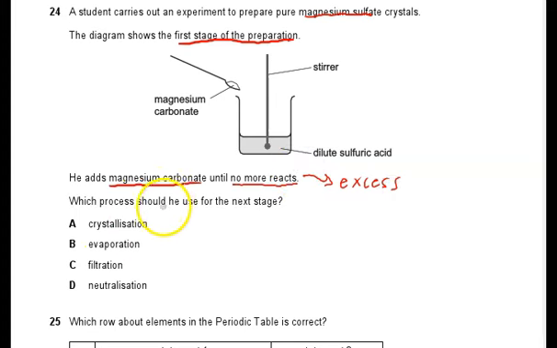Which process should he use for the next stage? It will be filtration. Because you have magnesium carbonate in excess, we need to filter out all the magnesium carbonate before the further process. So your best answer here will be C, filtration. Now let us look at 25.